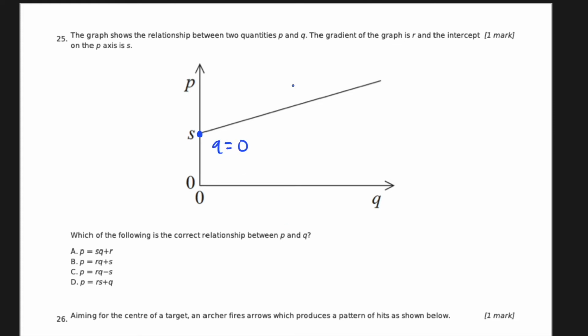And we know the gradient and the intercept. So for quantities P and Q, P will be the output, and Q is the input times the gradient, and then plus the intercept. So here will be the equation. S Q times R is not correct. R Q plus S is correct. So C will be the correct option.